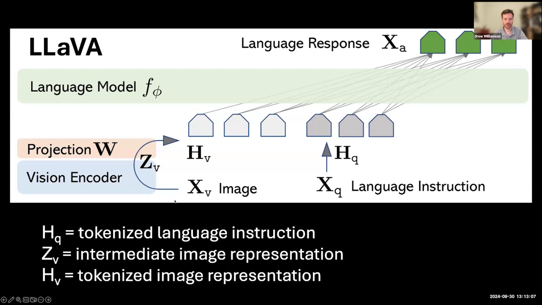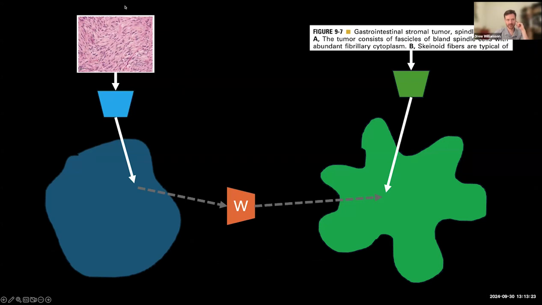and some tokenized image representation. And I think when I looked at this schematic first, and maybe it's because I'm not an expert, I was very confused about why we needed some projection W and this intermediate image representation ZV. And the way I think about it is this, is that we have an image encoder here in this light blue rhombus, and we have a text encoder in this green rhombus. And when we encode the image and the text, those end up in different embedding spaces that may not be necessarily the same dimension.